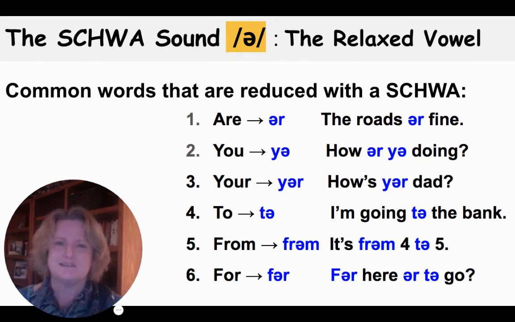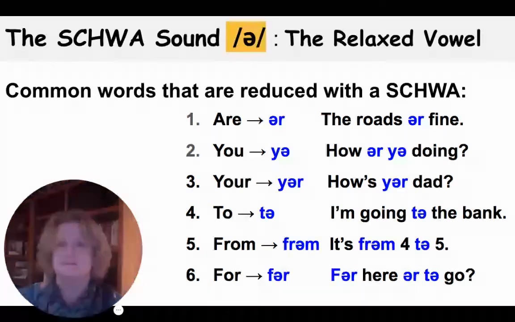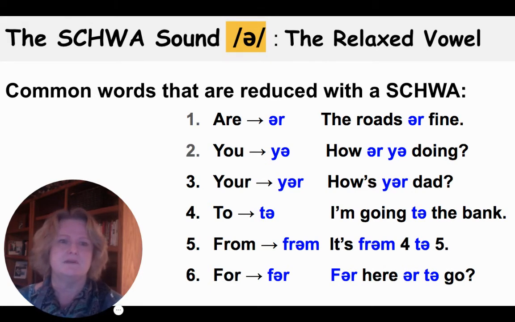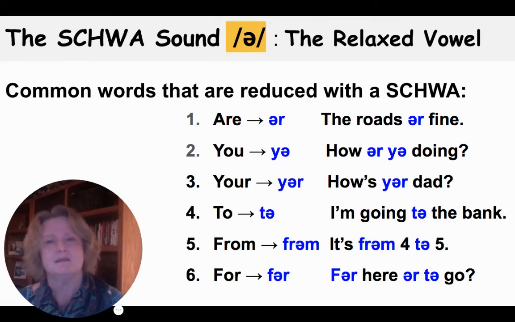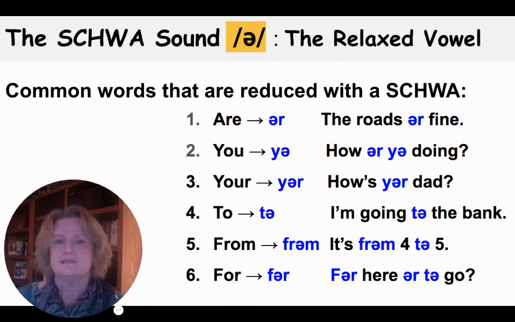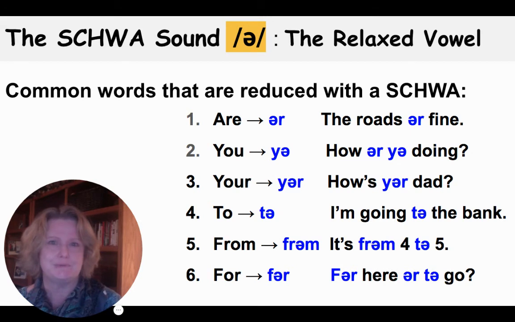You, when it's not stressed, is ya, like see ya. And here, how are you doing? Your does the same thing. Your. How's your dad? And then we have two. When it's a number, two, or if it means also, too, those are always pronounced two.